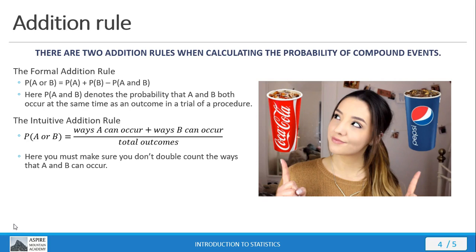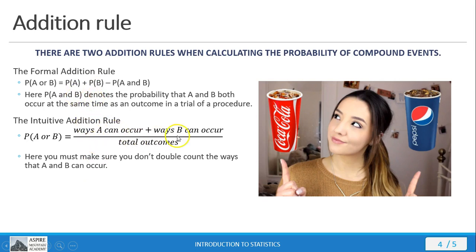When you think about this, it's really the same calculation. The probability of A is going to be the part over the whole, and the same thing with the probability of B: the part that's B over the whole. The whole is going to be the same for each of these, so you're going to have the same thing in the denominator.